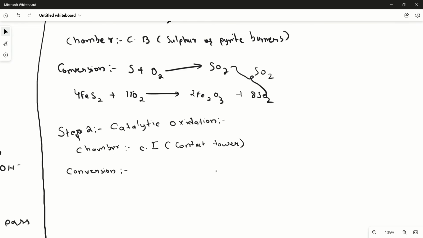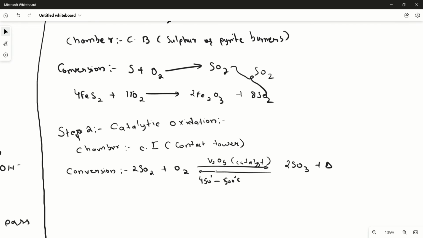Basically the reaction goes like this: 2SO2 plus O2, with vanadium pentoxide as its catalyst, is a reversible reaction with 2SO3. It's not necessarily hard, it's just weird. That's it. At 450 to 500 degrees Celsius, at a pressure 1 to 2 atm.